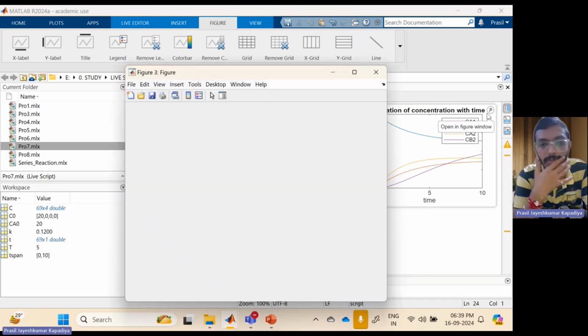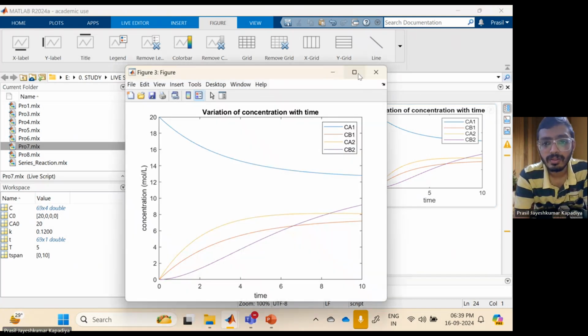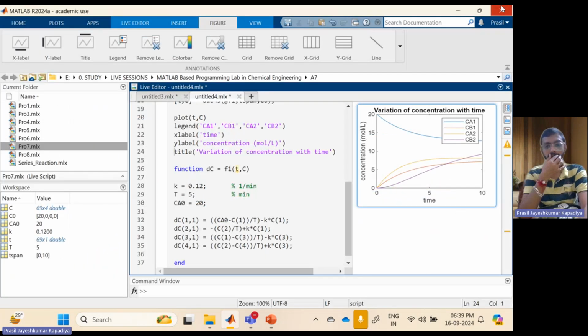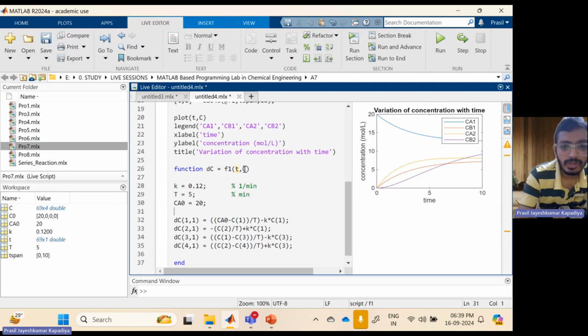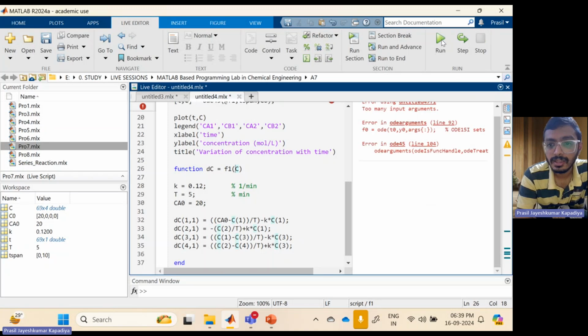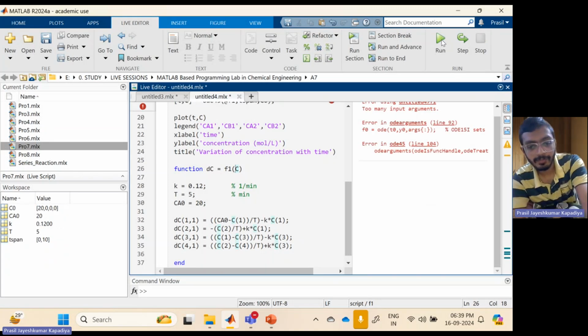Same plot. Okay. So this is how we learn how to solve CSTR in series. Okay. So actually I don't need time here. No, I need time. I need to put time.